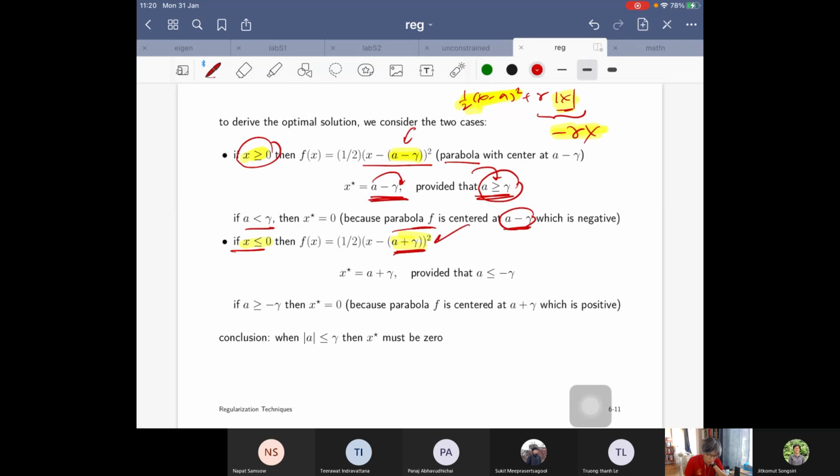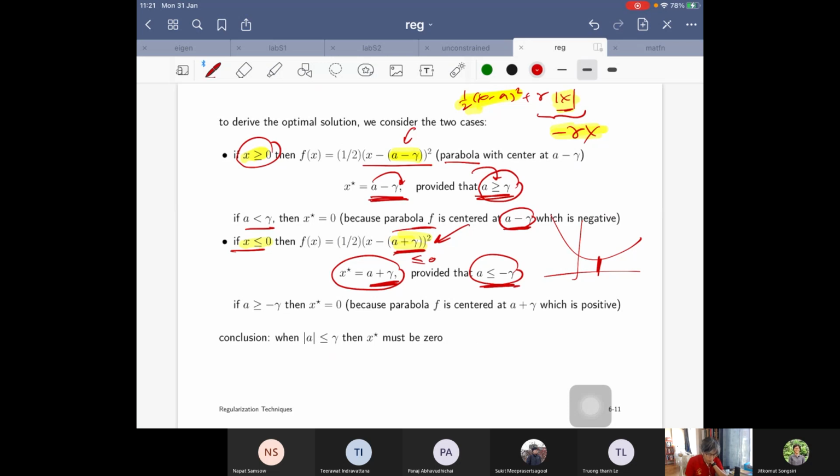If you minimize it, the minimum should be at the center. But with the same reasoning, the minimizer is this, given that this quantity must be negative, or in other words, a must be less than minus gamma.